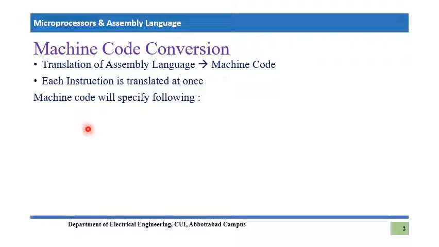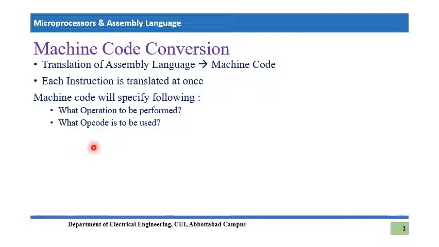Machine code will specify the following things: what operation is supposed to be performed in the instruction given in assembly code, what opcode is to be used, what mnemonic should be used in the assembly instruction, and whether the operation is 16-bit or 8-bit.